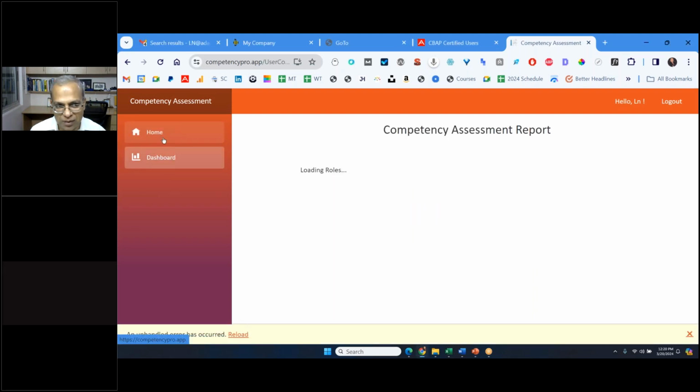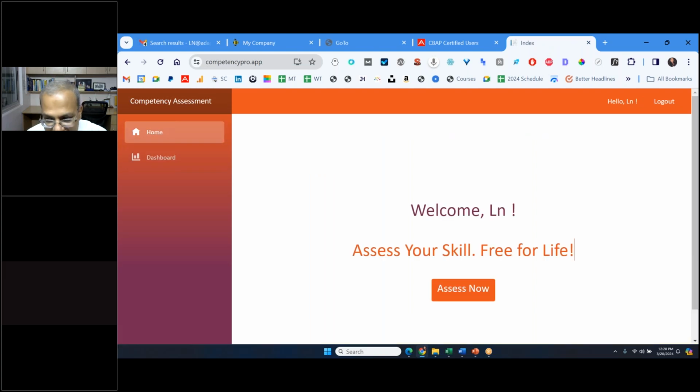This data is stored permanently. So you can look back at your data after 6 months, 1 year, 2 years, till the time we survive as a company, this data is going to be available to you. And you can also download the data as a report and keep it with you.